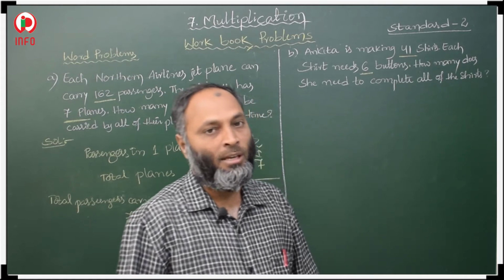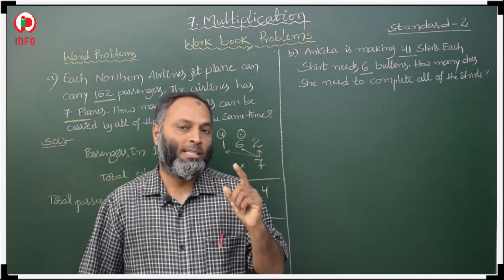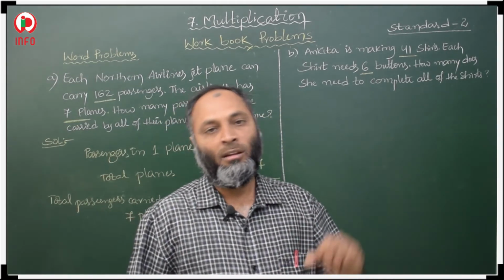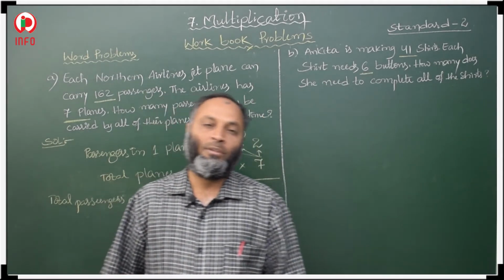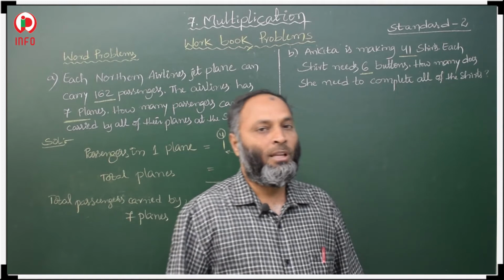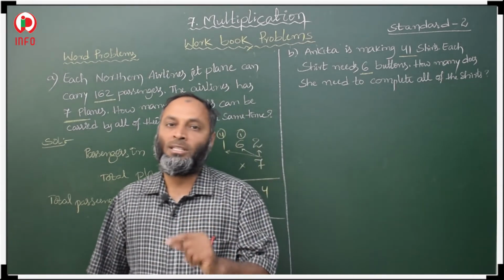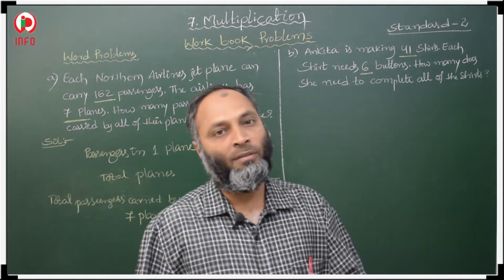Each shirt means about one shirt is given, so one shirt has 6 buttons. Then for 41 shirts, the unit is given and more is asked, so we have to multiply 41 shirts with 6 buttons in each shirt. Then you will get how many buttons you need for 41 shirts.